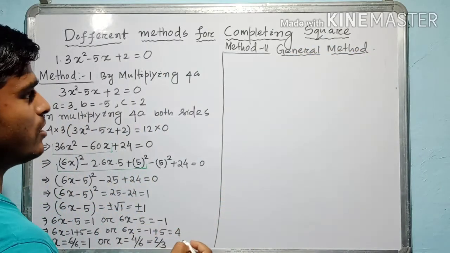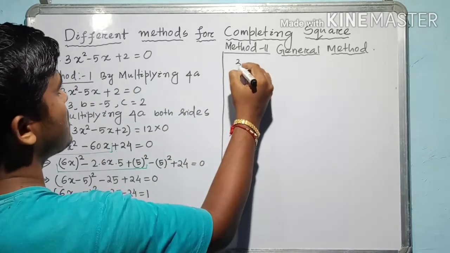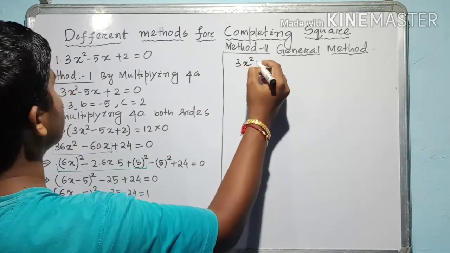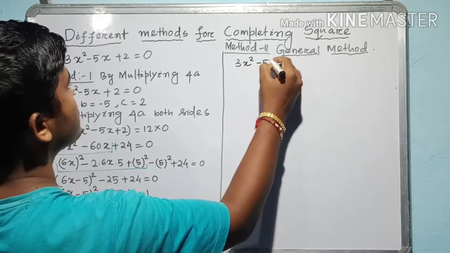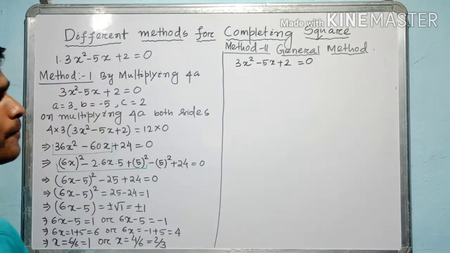In the general method, we have to divide by the coefficient of x square. For this, let's say the equation is 3x square minus 5x plus 2 is equal to 0.